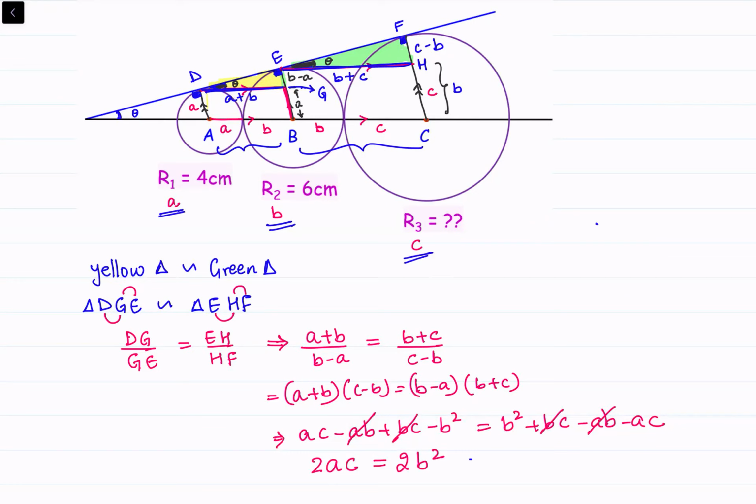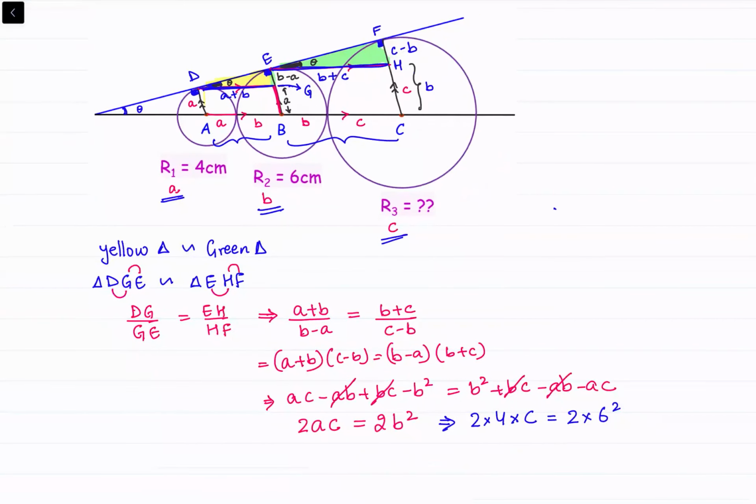So 2 times 4 times C is equal to 2 times 6 square. So this 2 gets cancelled, and we get C as 9 centimeter. And this C is nothing but R3. So that's our final answer: the radius of the third circle is 9 centimeter.